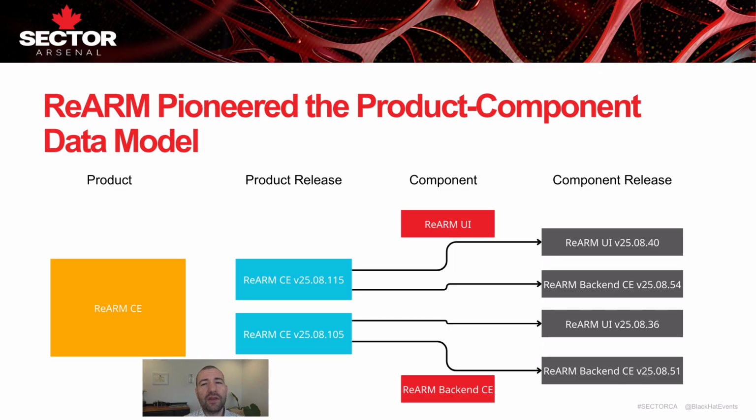Let me remind you again that this slide shows a simplified view, and ReARM's actual data model has more elements, including release variants, source code entries, and deliverables. However, this model is essential for understanding the internal operations of ReARM, and it also becomes the core of software transparency today.